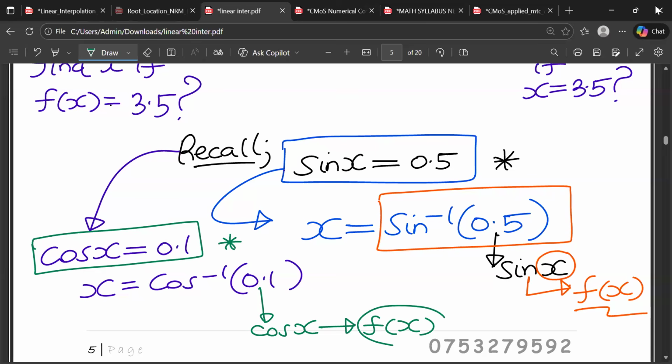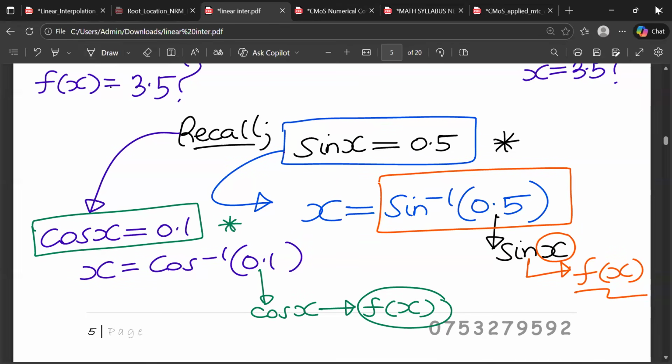So what does that imply? That every time you're given f inverse of anything, that anything is f of x. What is inside, that anything, is the function, as simple as that.